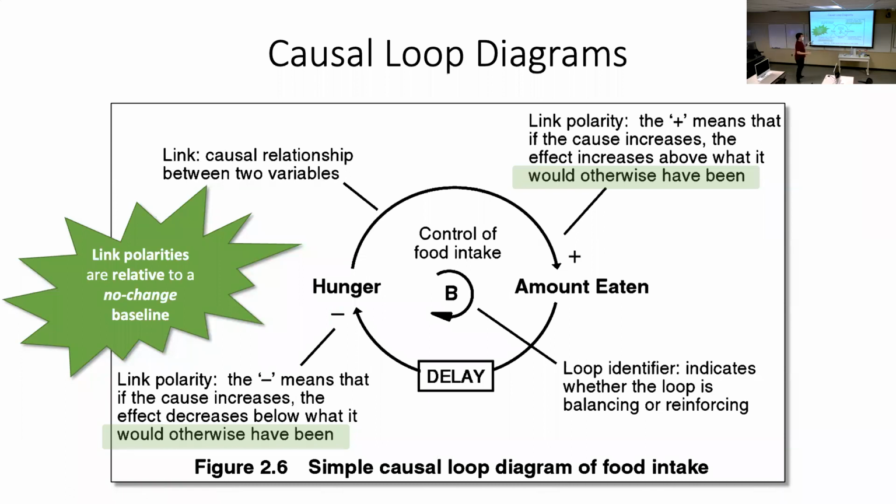And that's totally fine. In fact, the nice thing about always using increase is you don't get stuck in the trap of accidentally following a change too far. Like, I could say, if I increase the amount eaten, I decrease my hunger. Now, I'm tempted to then say, if I decrease my hunger, then I'll decrease my amount eaten.